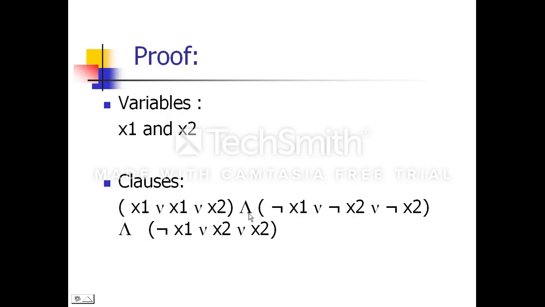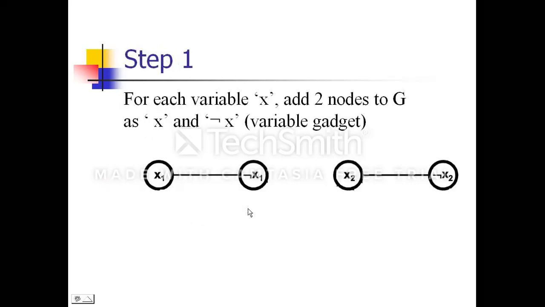In the next clause again there are three variables which are ORed together, and in the third clause again there are three variables ORed together, and these three clauses are in turn ANDed together. So this is the Boolean formula wherein the variables are ORed in a clause and the clauses are ANDed together. So these are the variables and clauses given to us.